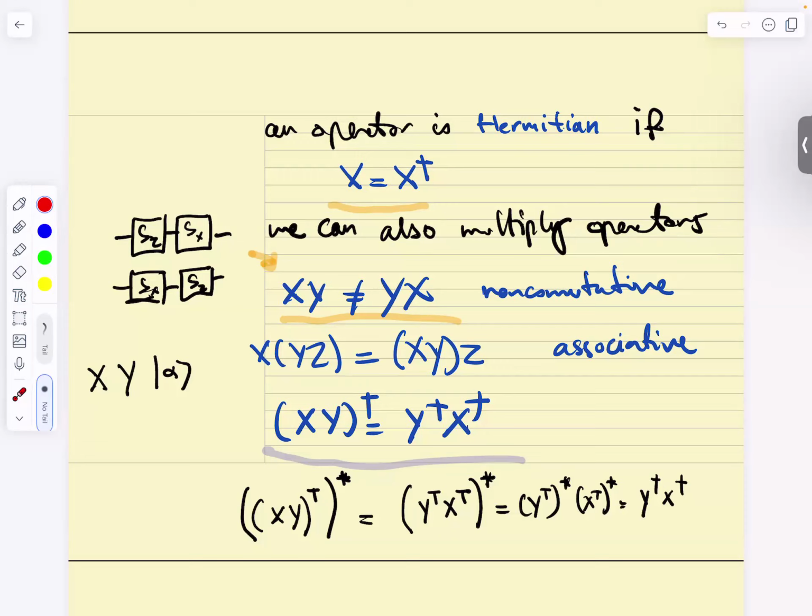In classical mechanics, we didn't need to introduce this except for one setup. Where do you guys know of operations in classical mechanics where order matters? There's one place, and over there we also use matrices. Does anyone know? Any guesses? Rotations. Rotations, exactly. If you make a rotation around X followed by a rotation around Y, it's not the same thing as rotating around Y first and then X. Same formulation over there.